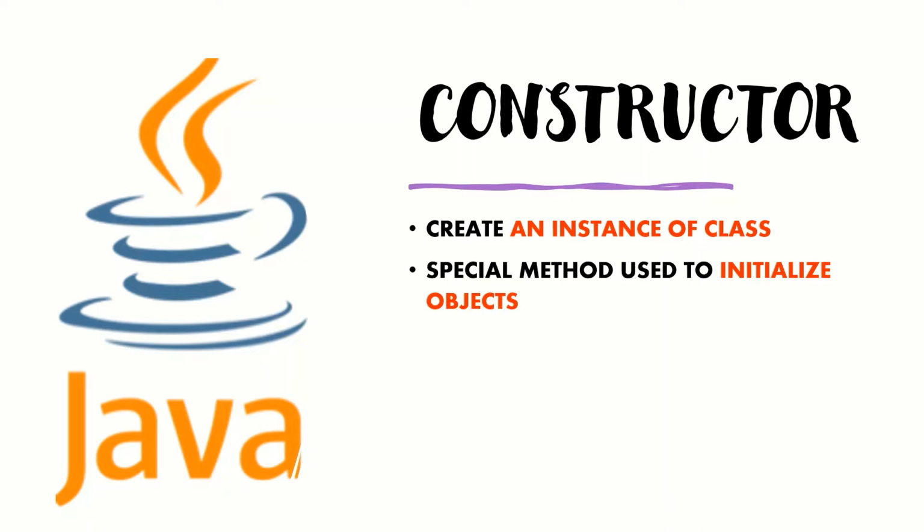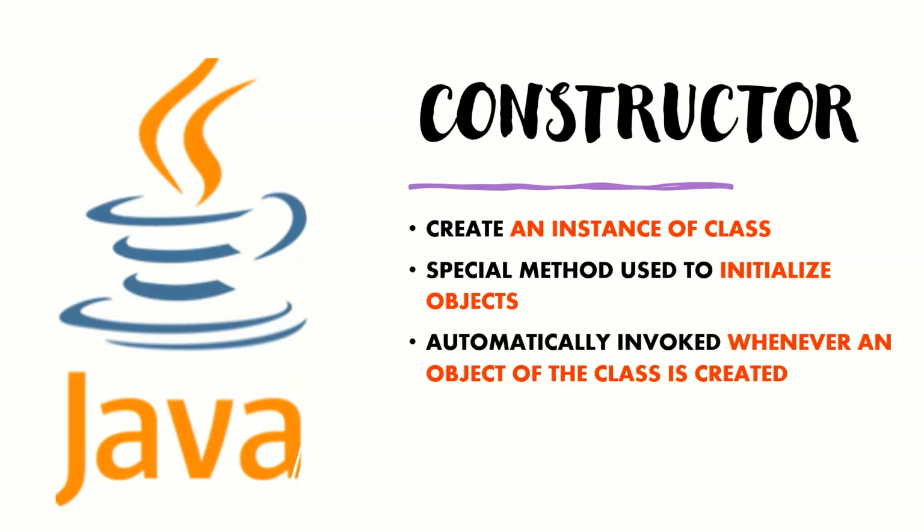It is used to initialize an object. A constructor within a class allows constructing the objects of a class at runtime. It is invoked whenever an object of a class is created using the new operator. This is the important thing that you need to highlight.